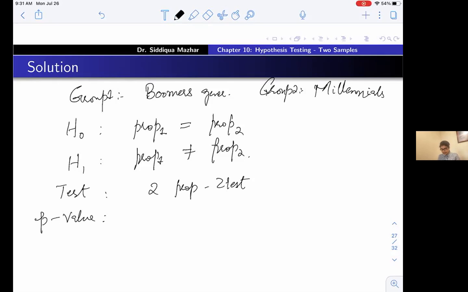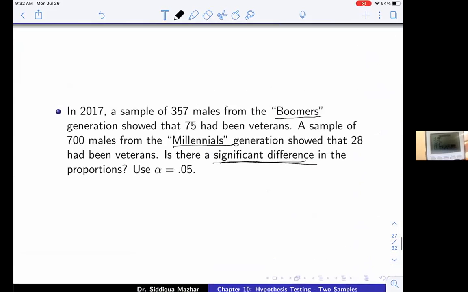So again, go to stat, test. The number 6 is your two prop Z test. Then you will select this. Here you can see X1, N1, X2, N2. So X1 is how many were veterans, 75, and N1 is the total number of males in the boomers generation, which is 357. This is how you will be writing it down.